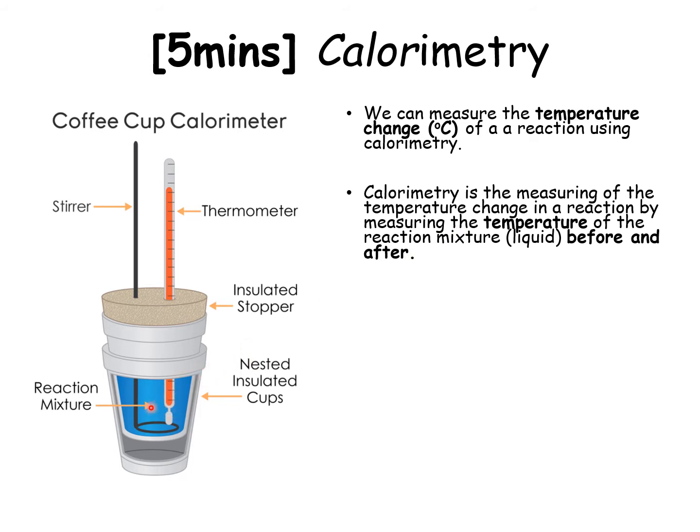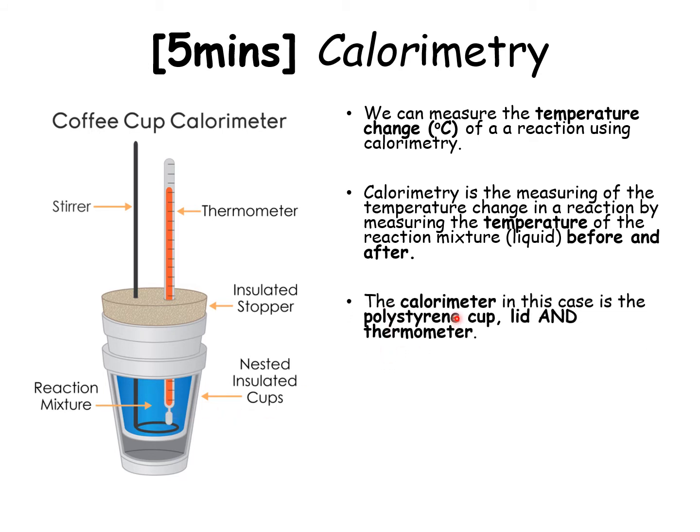The calorimeter in this case is these two cups which are nested together. Normally in a lab we'll probably use just one cup and a beaker just to stabilize it. But you've got two cups here, and that provides better insulation. And then we've got a lid here which also provides insulation, and that just prevents heat energy from escaping. So this is your calorimeter.